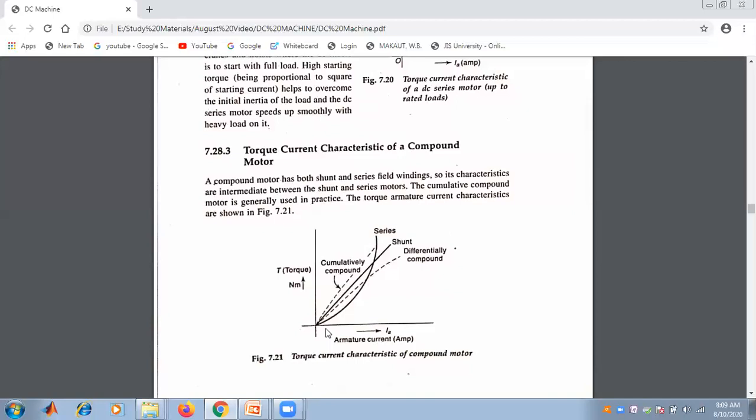This is the characteristics of a shunt motor, this is the characteristics of a series motor, this is the characteristics of a cumulative compound, and this is the characteristics of a differentially compound motor. That is the torque current characteristics. The cumulative compound motor is generally used in practice. This is the torque in Newton meter versus armature current in ampere, the characteristics that is shown for a compound motor.